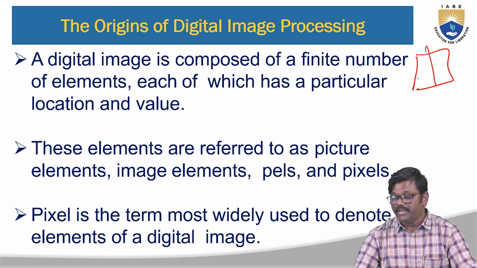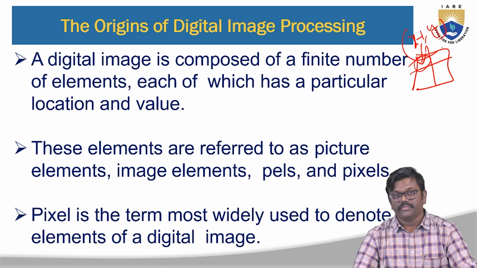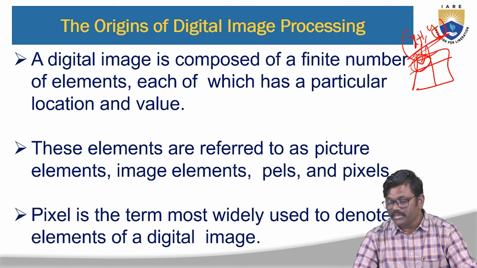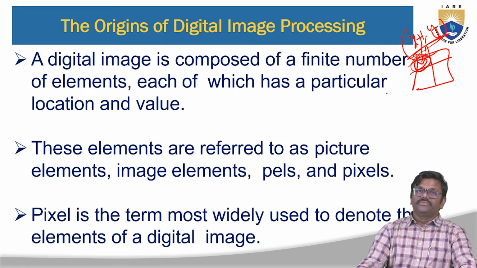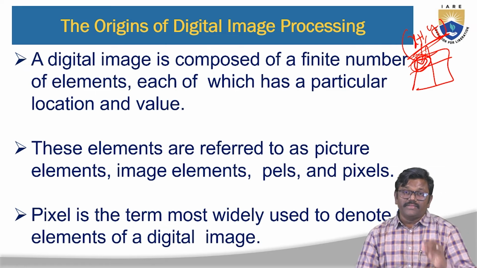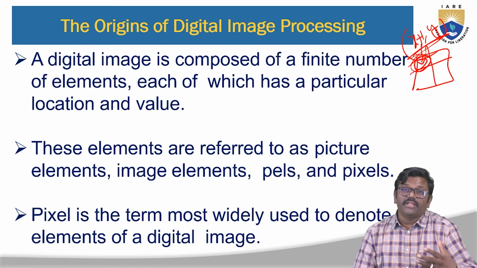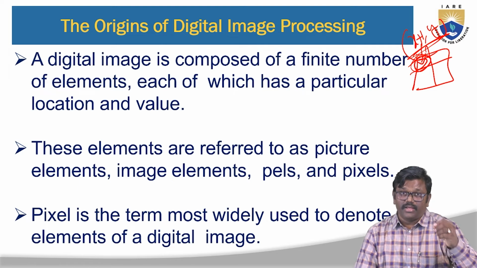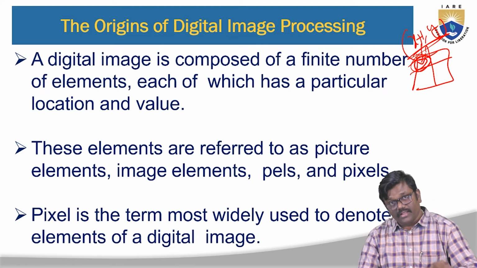That means I can say here simply, you find this, maybe you say as x minus 1 comma y or x plus 1. So this tells you the location and the value. So you have to understand what elements can help you to find the location and the value of the particular neighbors of a pixel.